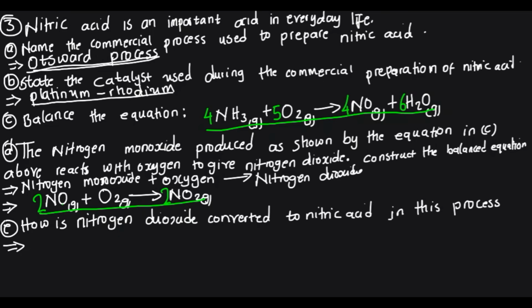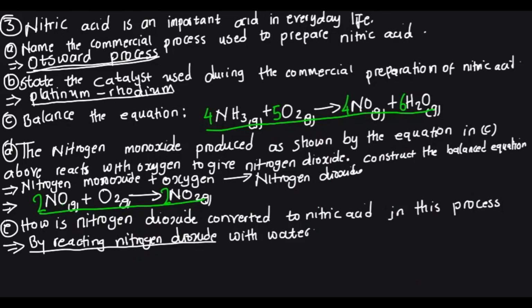So for the final conversion of nitrogen dioxide into nitric acid, we'll say by reacting nitrogen dioxide with water. So this is how it is done.